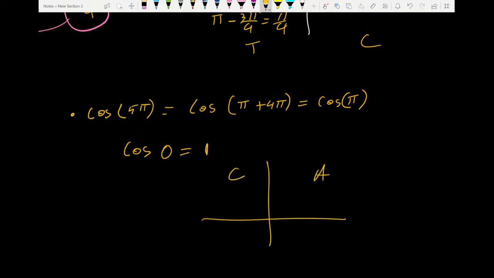And All Students Take Classes, so cosine is positive in the first and the fourth quadrant. Pi is in this quadrant right over here, so cosine is going to be negative. So we get negative cosine of the reference angle, and you get negative 1.